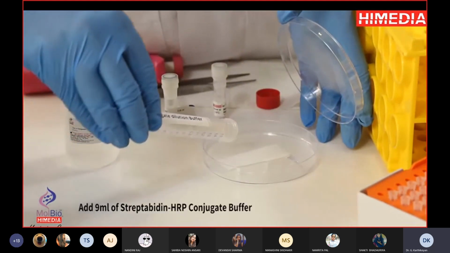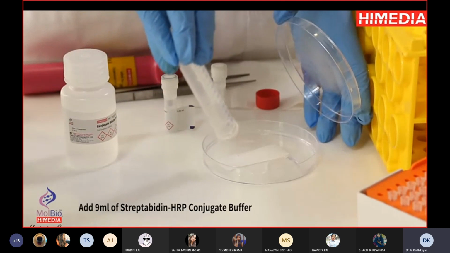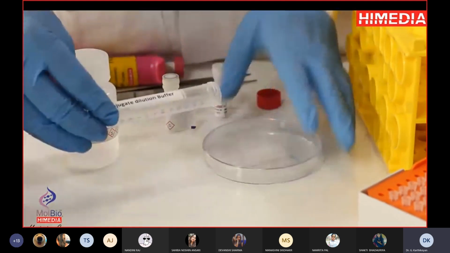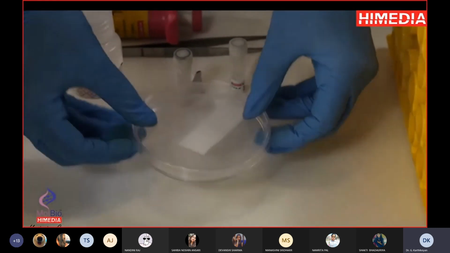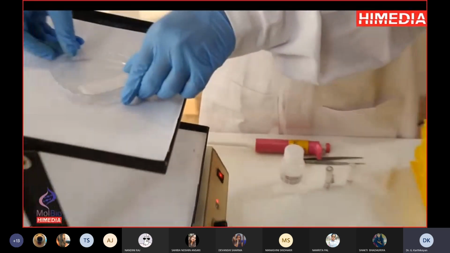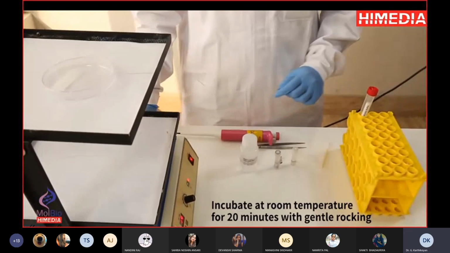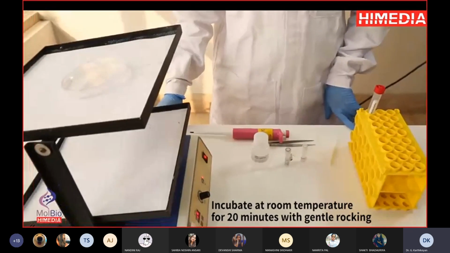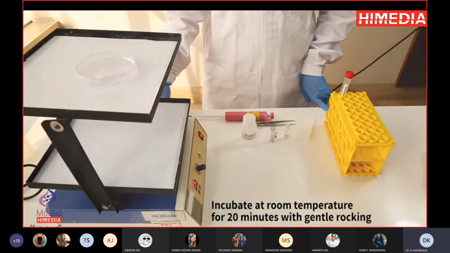Add 9 ml of streptavidin HRP conjugate buffer. Incubate at room temperature for 20 minutes with gentle rocking.